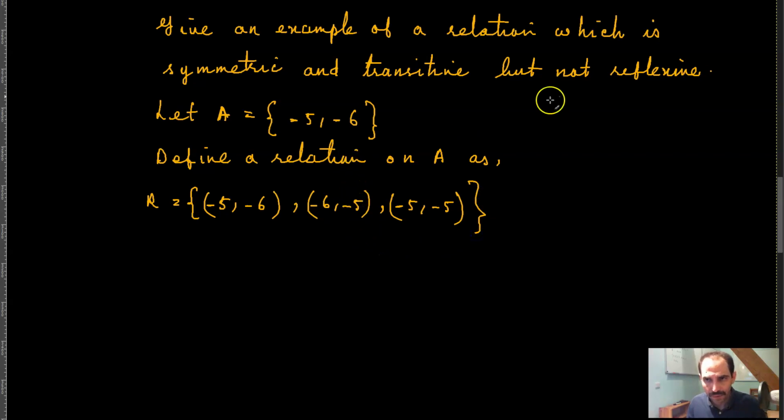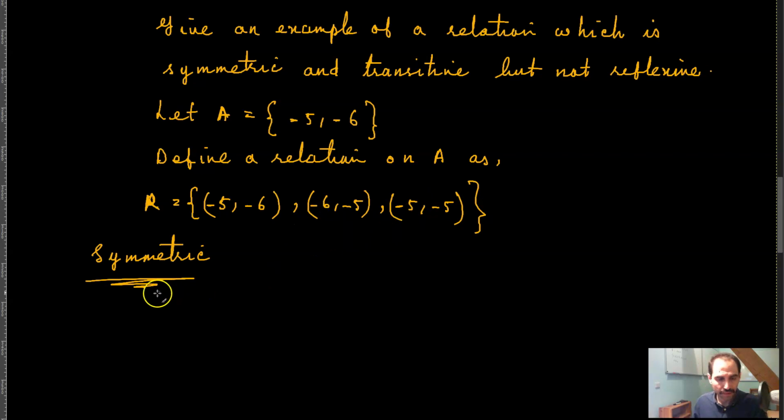Now, in order to show that this relation is symmetric, you can see that (-5, -6) is matched by (-6, -5). So you have no problem there. And also (-5, -5) is symmetric with itself.